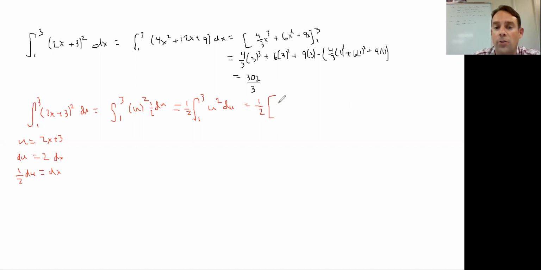I have my u cubed over 3. And from there, I would go back and then plug it back in. And again, this is what some of you guys would do. I'm not saying you can't do this, although, like I said, there is something that is wrong. We'll talk about that here in a second.